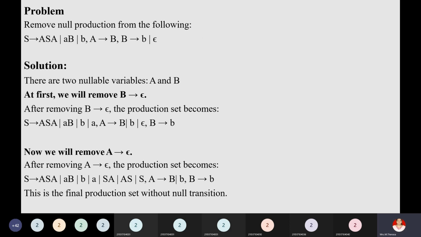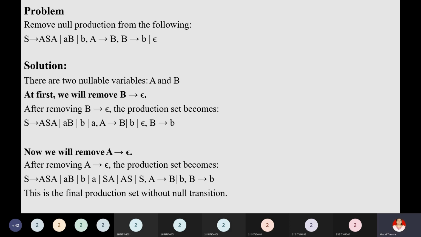So first, directly you can see B tends to epsilon is there, so B is nullable. From the derivation pattern, A tends to B is given in the production rule, so that A can also derive epsilon. So there are 2 nullable variables, A and B. At first we have to remove this B tends to epsilon.